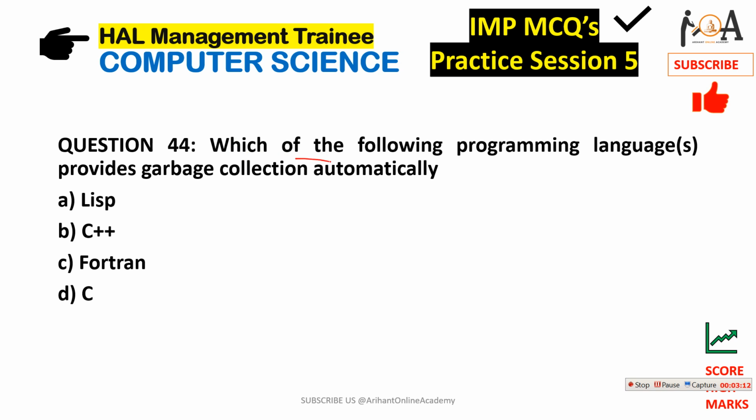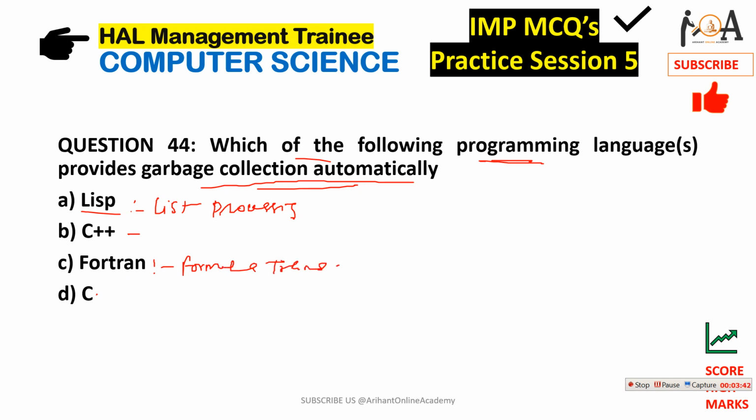Next one is, which of the following programming languages provides garbage collection automatically? Basically, Lisp is generally full-formed as list processing. C++ is there, Fortran, the formula translator, is there, and C language is there.